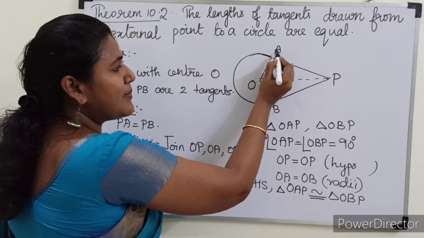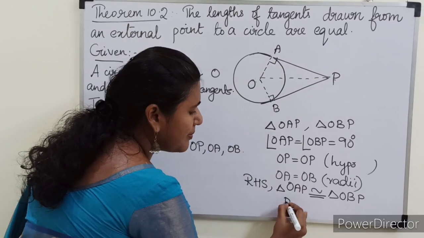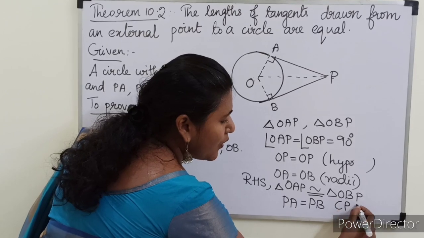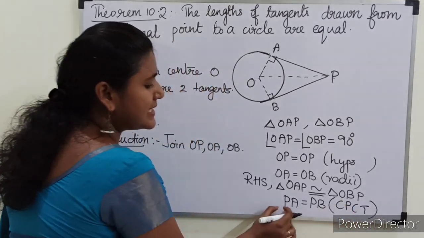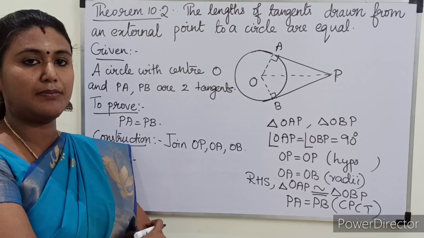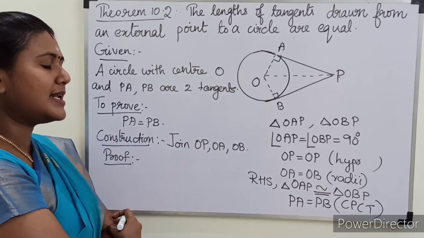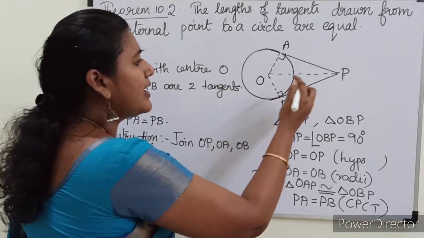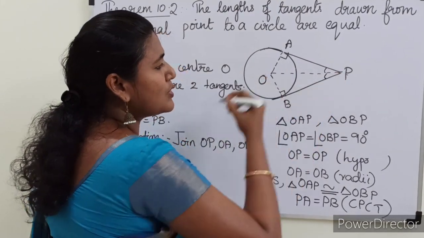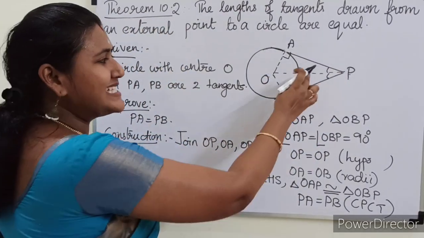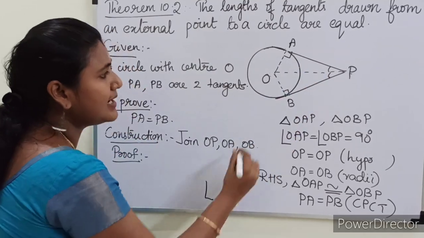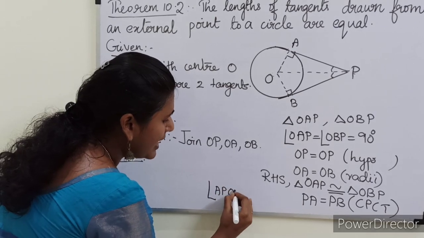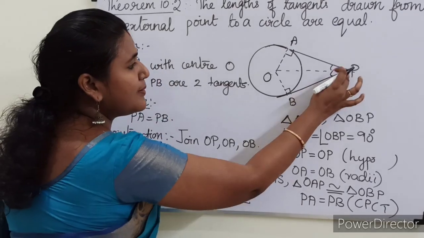So we can say PA is equal to PB by CPCT, corresponding parts of congruent triangles. Another point we can see here is that these two angles will also be equal by CPCT, that is, angle APO is equal to angle BPO.